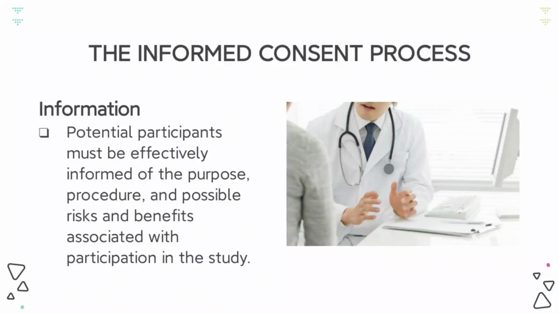Okay? Number 1, information. In obtaining their informed consent, the participants are oriented about the basic information about the study, which includes the purpose. Potential participants must be effectively informed of the purpose, procedure, possible risks and benefits associated with the participation in the study. In this portion, the participants can also ask the researchers some questions, and the researchers are obligated to address all those questions properly.